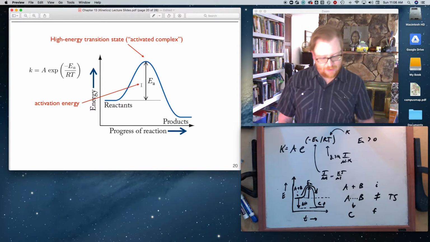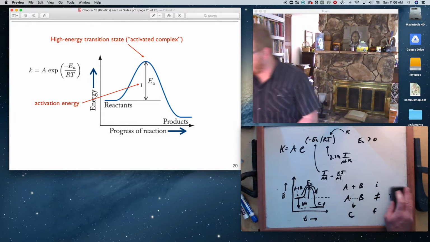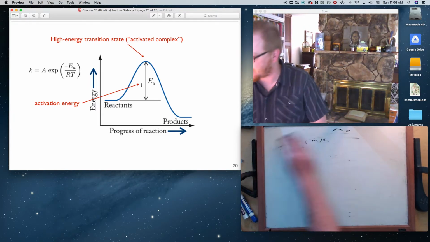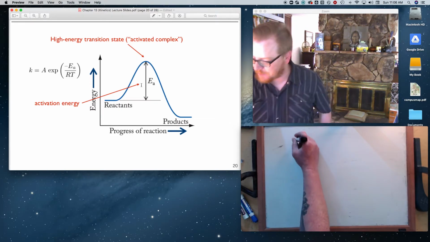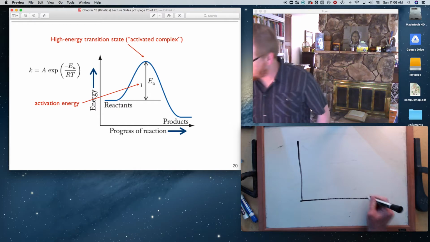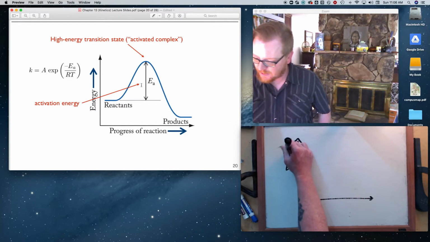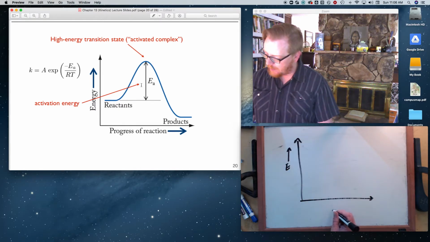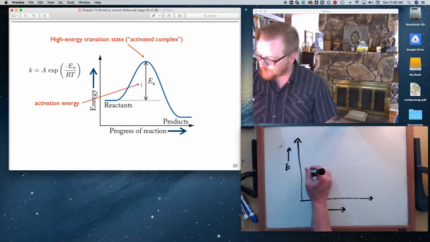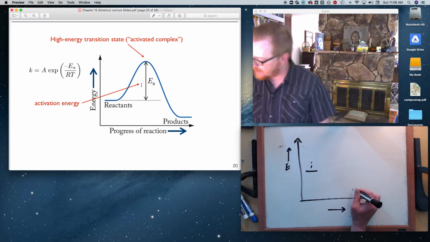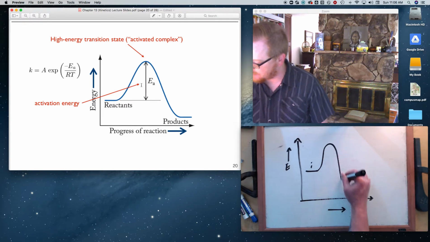All right. So I'll show you a few examples. Actually, no, I'm going to keep drawing a few more things on this activation energy diagram. Let's look at a couple cases. Let me make this nice and big, and I can show you a couple of different examples of how this works. Energy going up, reaction progress going this way. So suppose, again, we had reactants, the initial state, and products, the final state, and we have some activation energy.